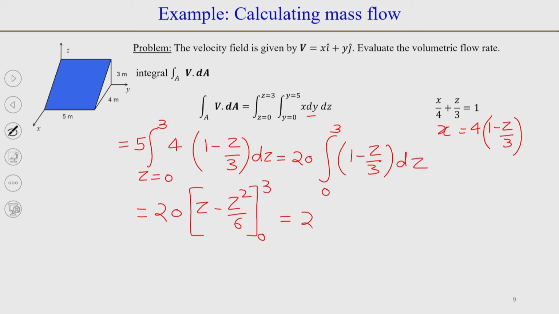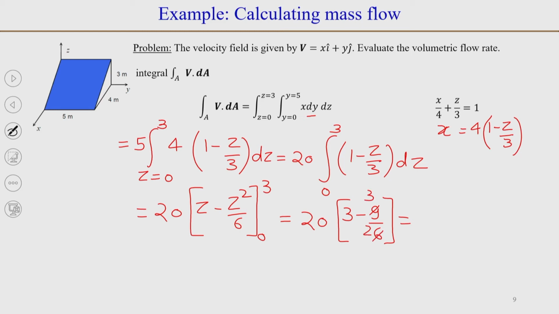So, 20 into, when you substitute the limits, when you put z is equal to 3, that becomes 3 minus z square by 6. So, 3 square by 6, that means 9 by 6, and minus 0. So, 3 minus 9 by 6, which is basically 3 by 2.